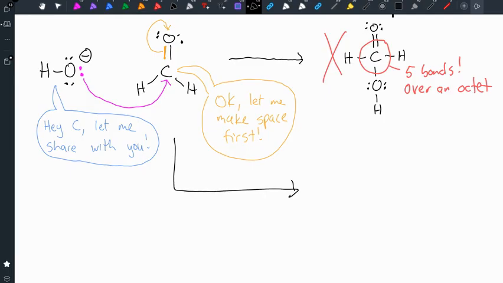That will give me now carbon has a bond to the new oxygen. This one came from that pink pair of electrons. Still has one bond to the old oxygen.